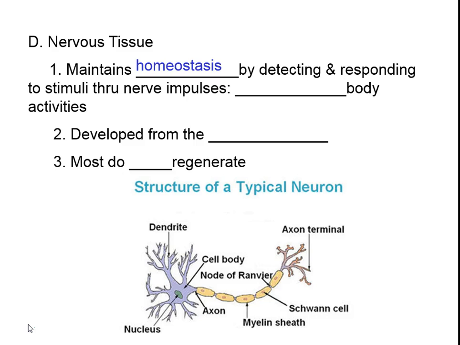When a message is received that we're out of balance, we send an impulse to a control center like the brain or the spinal cord. We integrate, figure out what to do, and send a response back to either muscles or glands. And so nerve tissue coordinates all the body's activities. We looked at how it comes from the ectoderm, and most nerve cells do not regenerate.